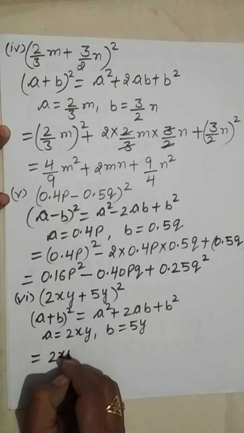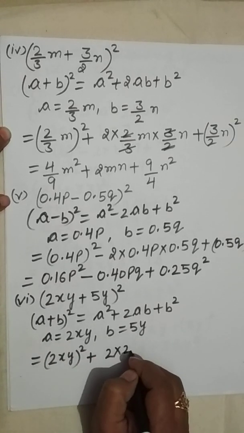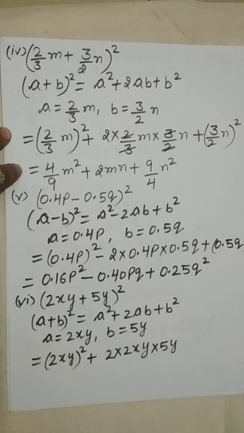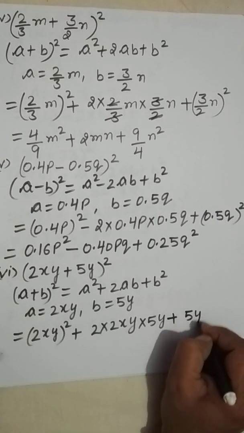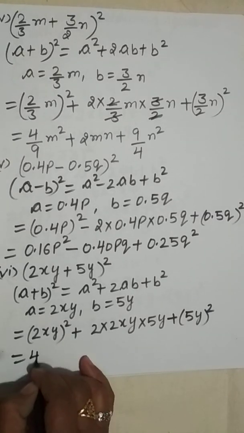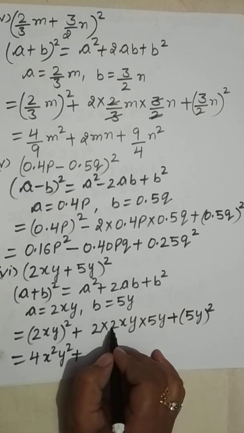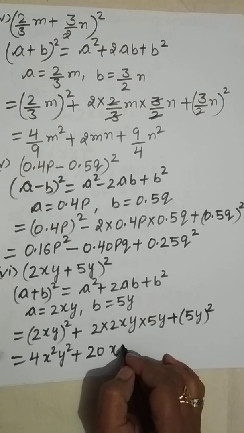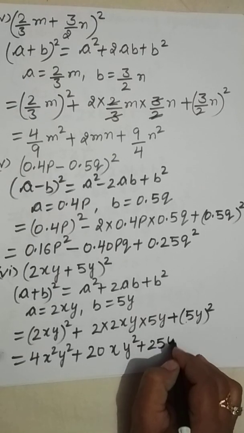This is (2xy) whole square plus 2 multiplied by 2xy multiplied by 5y plus (5y) whole square. Now 2 2's the 4, x square y square plus 2 2's the 4, 5's the 20, xy multiplied by y is y square, plus 5 5's the 25 y square.